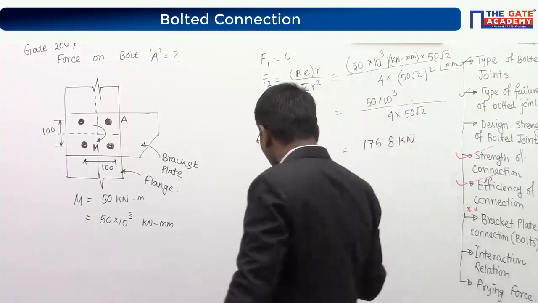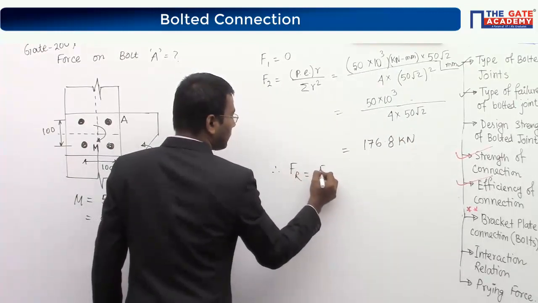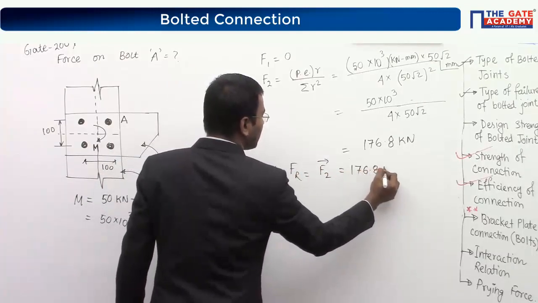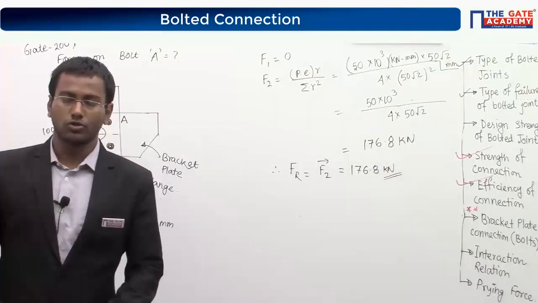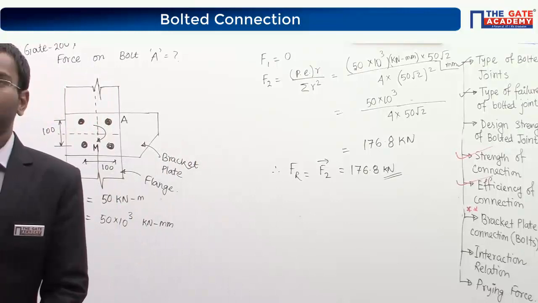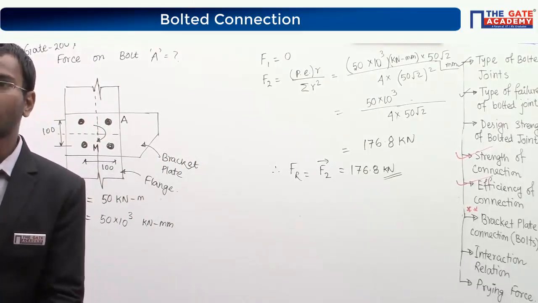So resultant force Fr equal to, only F2 is present, so it will be 176.8 kilonewton. That is the resultant force on bolt number A. So we have found out the resultant force.